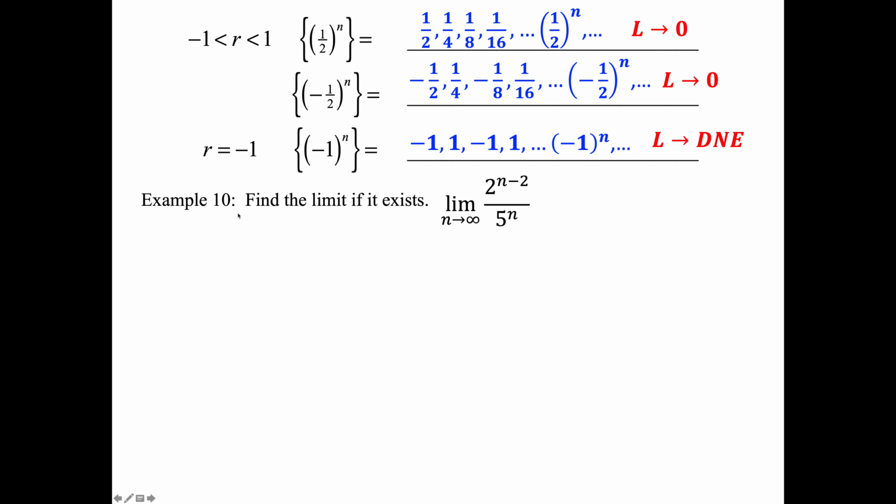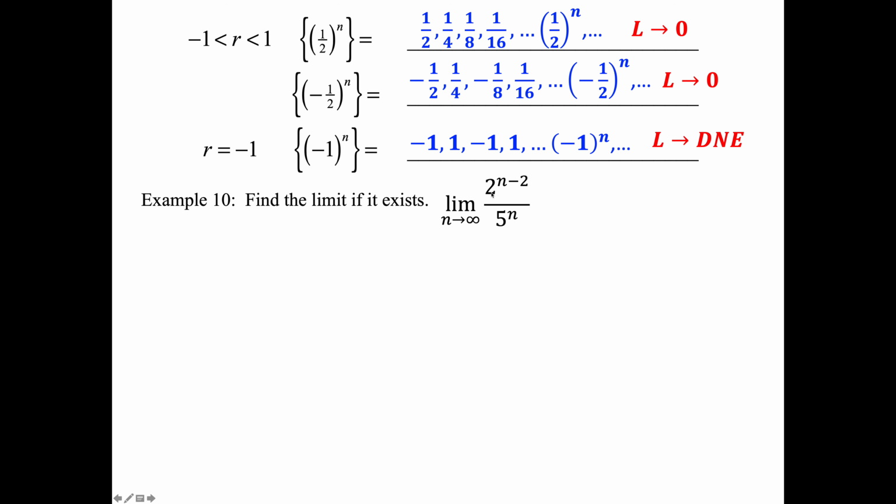So example 10, if we wanted to find the limit using this new definition, looking for the limit as n approaches infinity of 2 to the n minus 2 power over 5 to the n, what we want to do is make these two exponents on your bases the same, so we can write a fractional base with the same power. And since our definition says to the n power, let's cut off the minus 2.